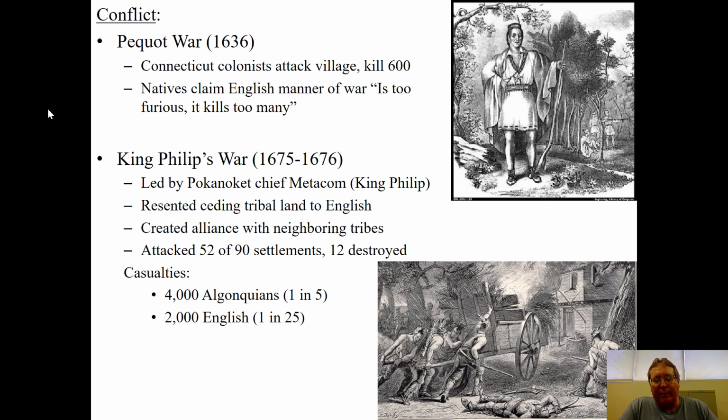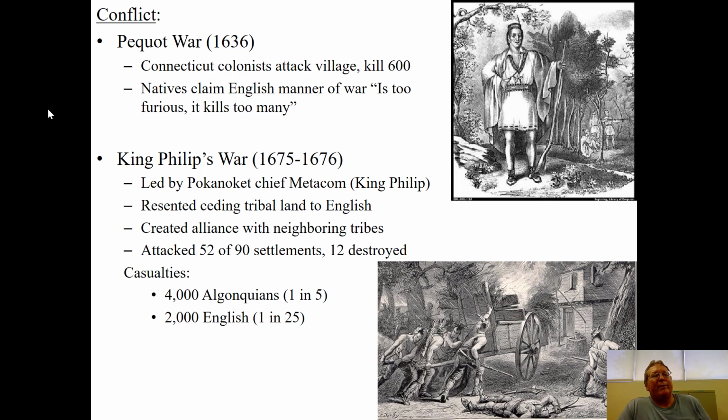The English just come in, these Puritans just come in and kill everybody, men, women, and children. They don't even care if they're Pequot or not. They just say, well, all the natives are the same, we're wiping you all out. And they do. And in the end, the Pequot are just forced out of their own home territory and absorbed by neighboring tribes. And the Puritan colony of Connecticut is created from that.